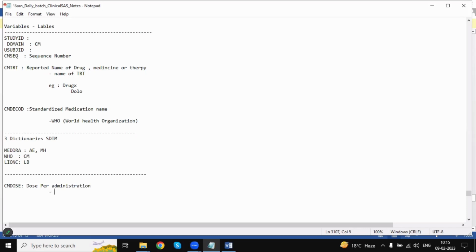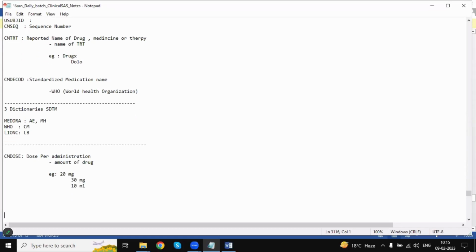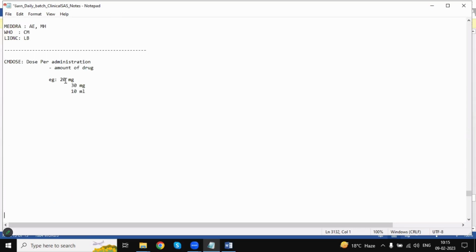So here we have to capture the amount of dose, the amount of drug. So how much is being taken? Is the subject taking 20 mg, 30 mg, or 10 ml of syrup? The drug amount we have to capture.